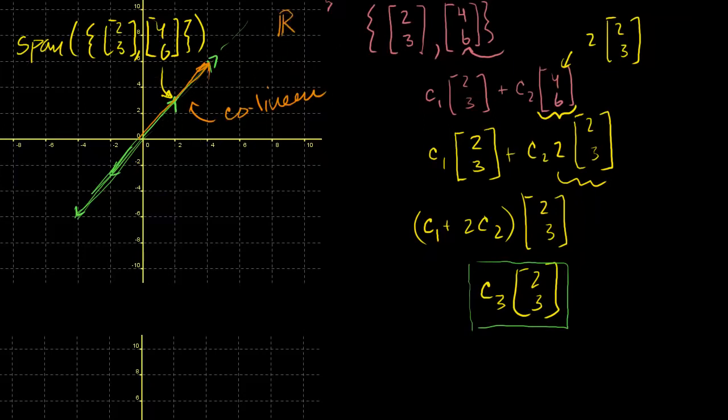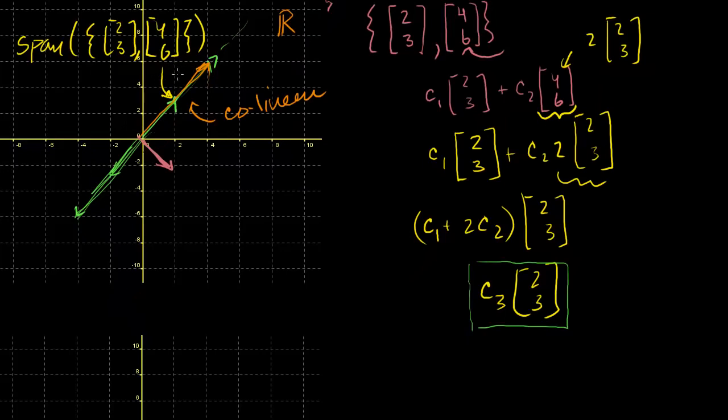You can't represent this vector right there with some combination of those 2 vectors. There's no way to break out of this line. So there's no way that you can represent everything in R2. So the span is just that line there.